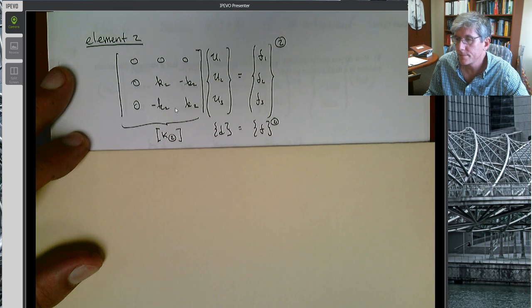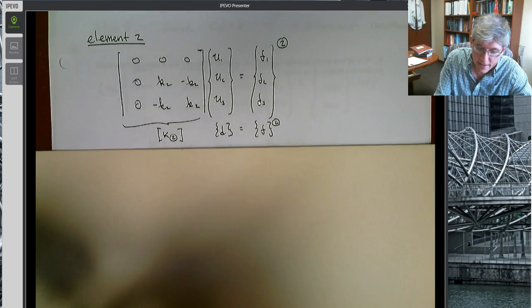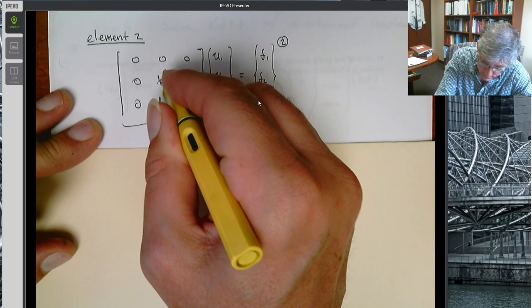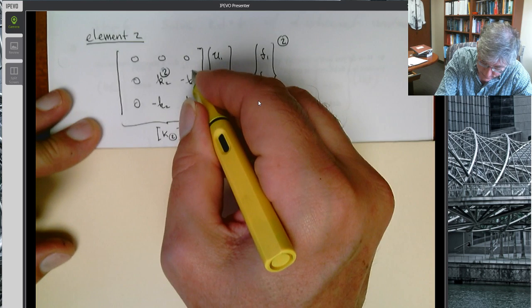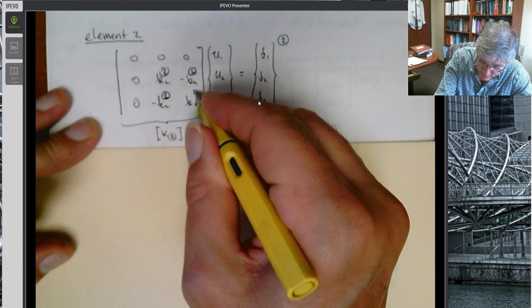There's no coupling between the displacement at the first node and forces at the first node, so we get zeros here. So basically we have the equation K2 times U2 minus K2 times U3 equals F2, and minus K2 times U2 plus K2 times U3 equals F3. And again, to be correct, I should put superscripts here, so allow me to fix this while I'm doing my notes.